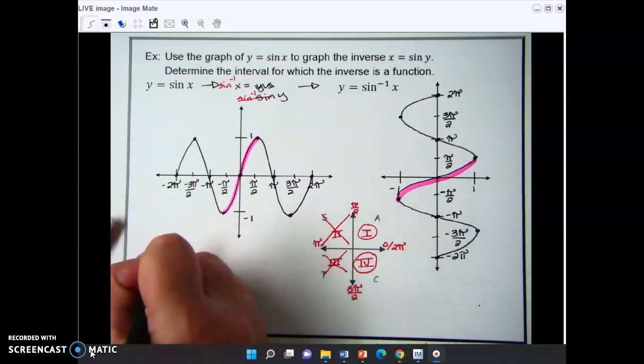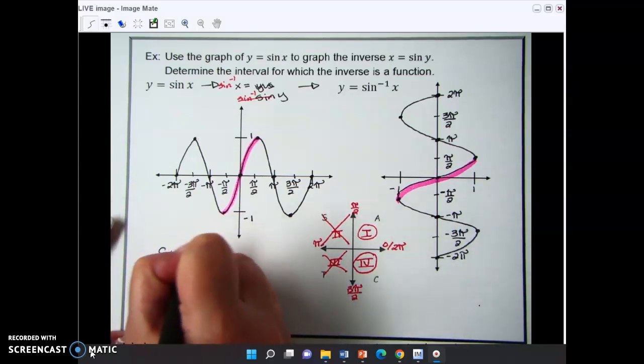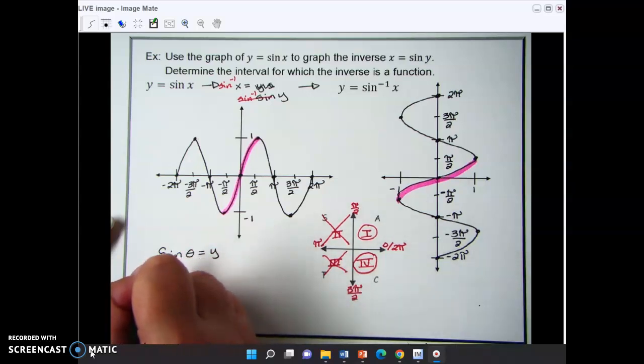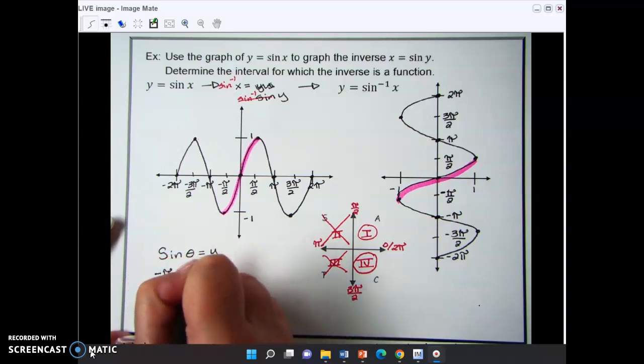So that means if I have capital S sine of theta equal to y, then that means that theta is going to be between negative pi over 2 and positive pi over 2.